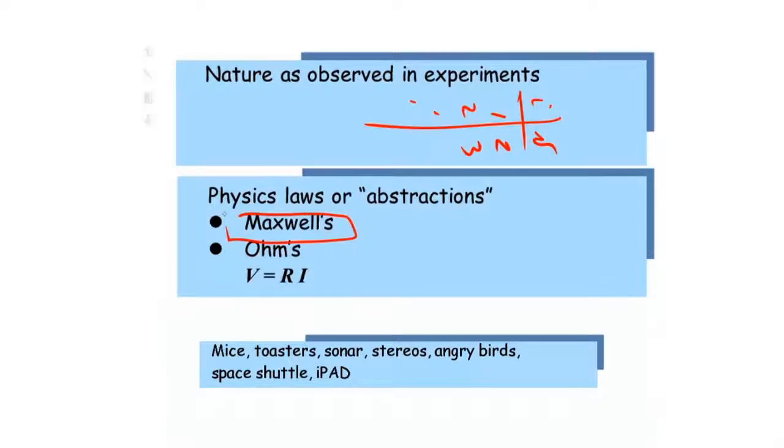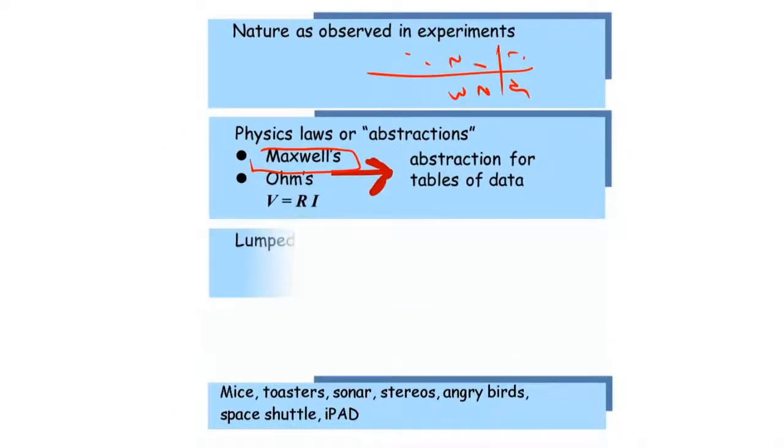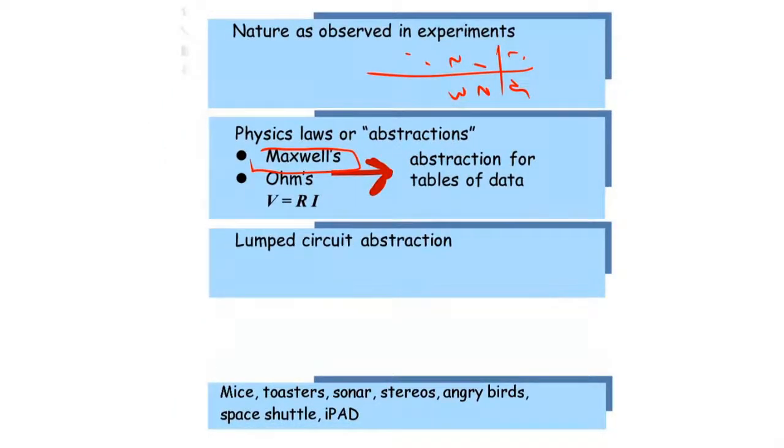Then we said we would take these abstractions and build. It was still too hard to build systems with Maxwell's equations. We said we would make a set of assumptions that we called the lumped circuit abstraction. Those assumptions would relate to simplifications of Maxwell's equations, and that would give rise to the lumped circuit abstraction, and we did that.